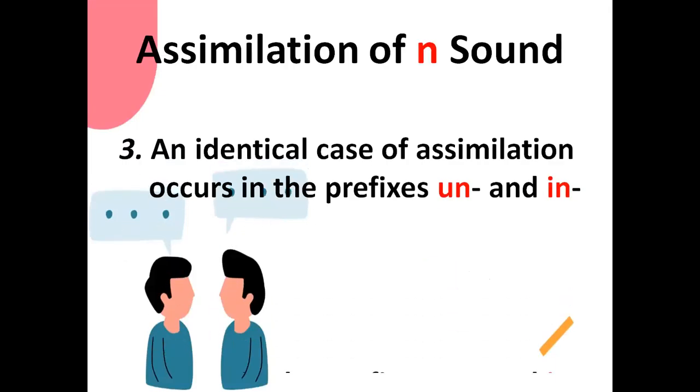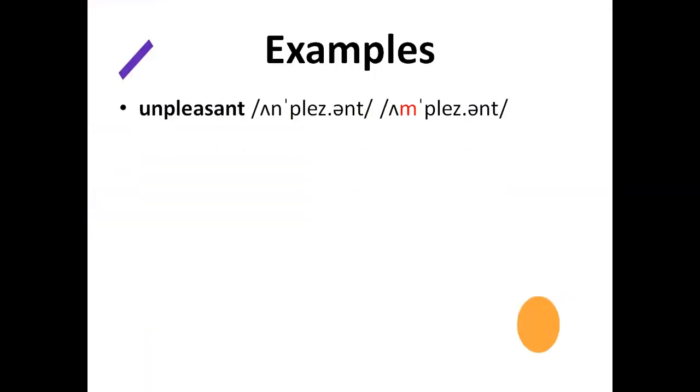See, there's a third situation where we can assimilate the n sound. And we find it where we have prefixes of un or in in the words. Look at examples. So unpleasant. So un is a prefix. So after the n sound, the p sound is there.